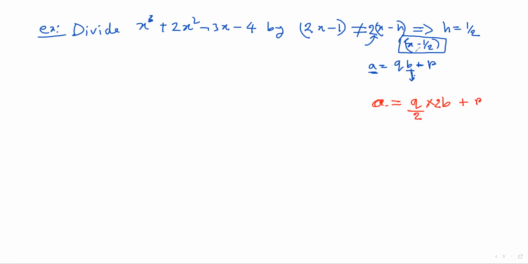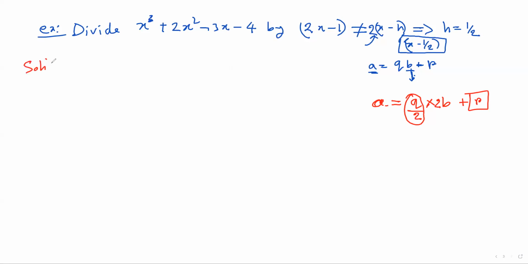So if you divide by x minus h and get a quotient q, the original quotient must be q by 2. It's as simple as that, and the remainder should be as it is. So let's use this idea to solve the problem.